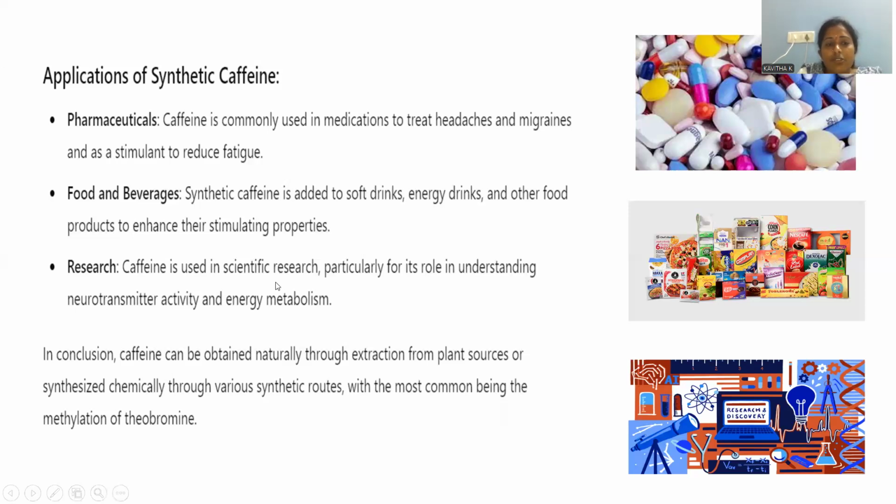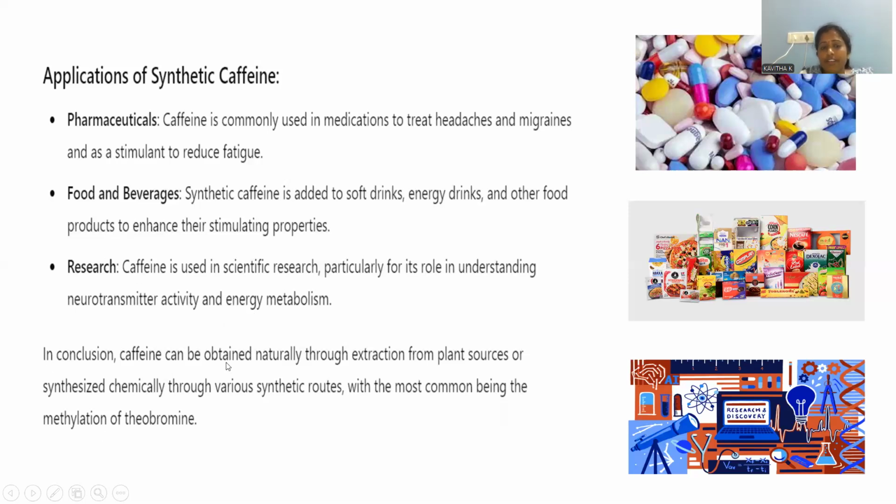Research: caffeine is used in scientific research, particularly for its role in understanding neurotransmitter activity and energy metabolism, that is, effective usage of energy by the entire system. For example, if we consume food but it is not completely metabolized, it will be stored in the form of fat, or some other material will be deposited within the body, which gives another adverse effect. So effective metabolism of energy is possible by means of caffeine.